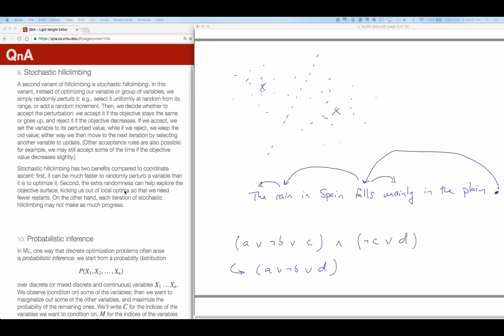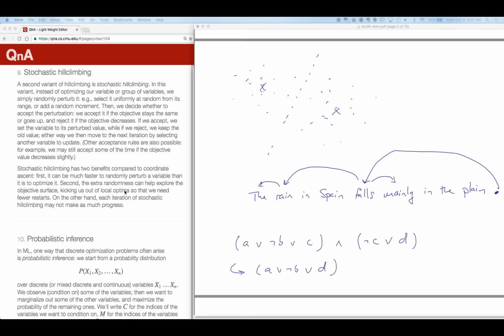So in comparison with coordinate ascent, it's potentially a whole lot faster to just perturb a variable than it is to optimize it. Especially if you pick whole groups of variables at once, it can be much faster to perturb them than optimize them. But obviously we don't make as much progress with each step because we're not optimizing.